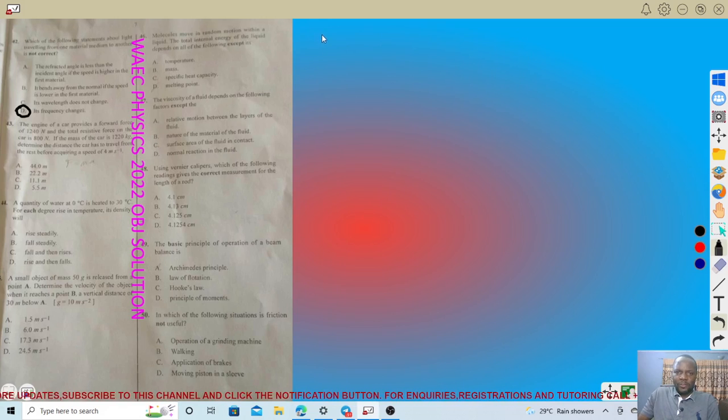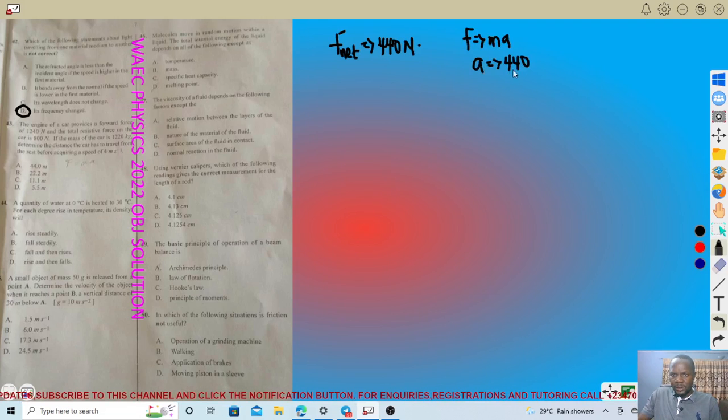That is 1240 minus 800, which is 440. So the net force, having subtracted the resistive force, is 440 Newton. Directly, I can say F equals ma. So a equals 440 divided by the mass, which is 1220, because it won't move with just this particular force. Hope you understand. That is why I can use the parameter.